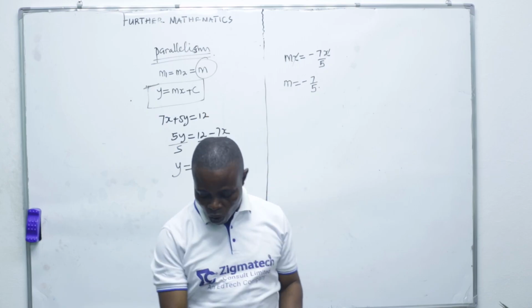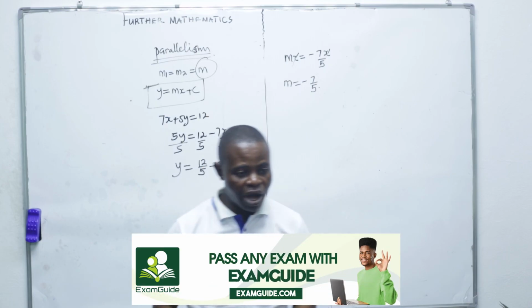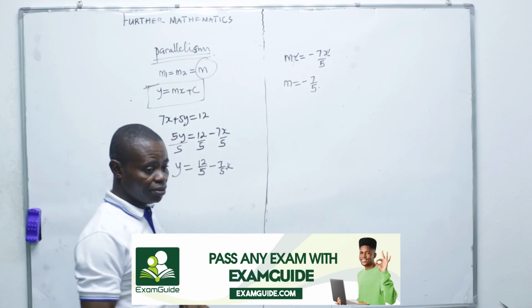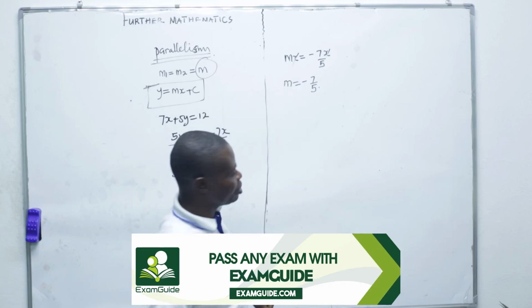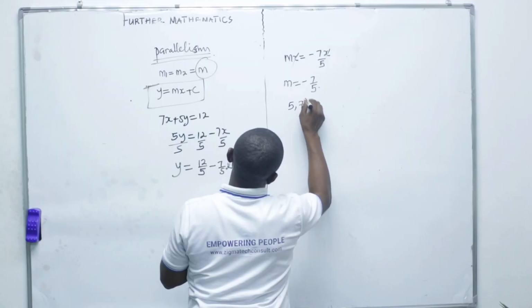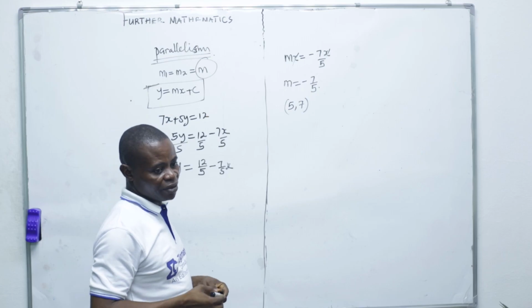Now we have the slope. What next are we supposed to do? We are supposed to think about how to form the equation that was given to us. Recall, there is an existing coordinate, (5, 7).